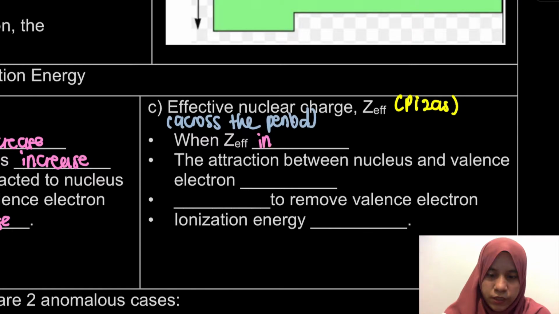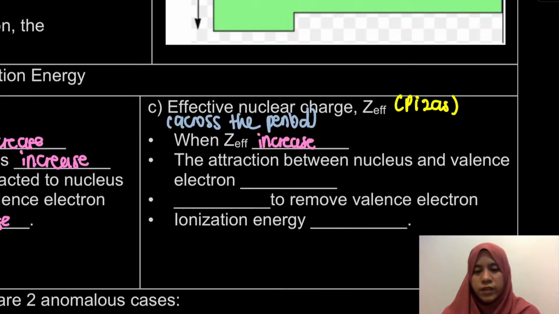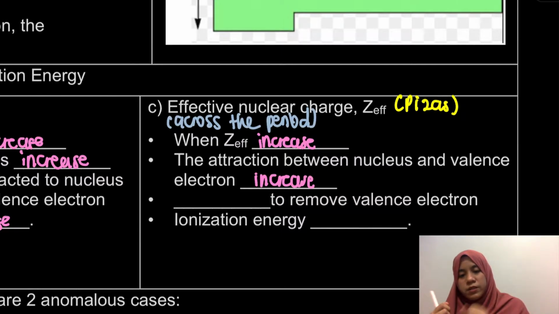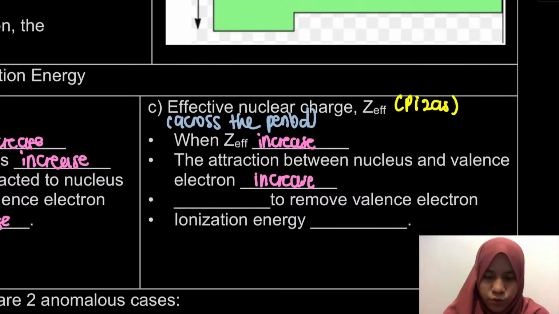so the attraction between the nucleus and the valence electron also increases. So there is a high attraction between the valence electron and the nucleus. So it means that it is harder to remove the valence electron.